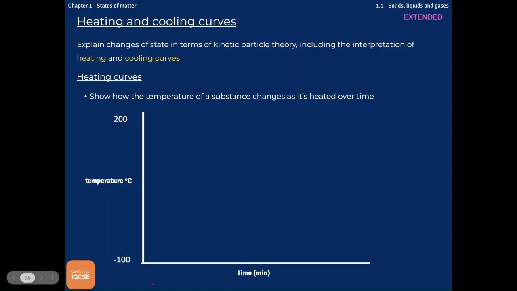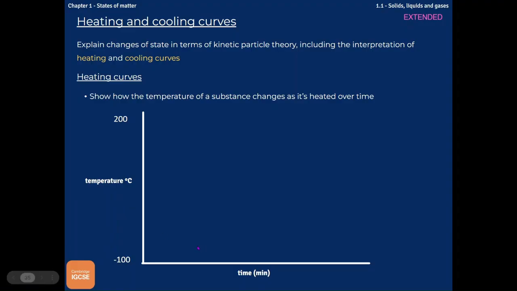So let's think about water. You hopefully know the melting, freezing, boiling, condensating points for water. I want you to fill out this graph for water. So what do you think the heating curve for water looks like? And remember, this is the temperature.